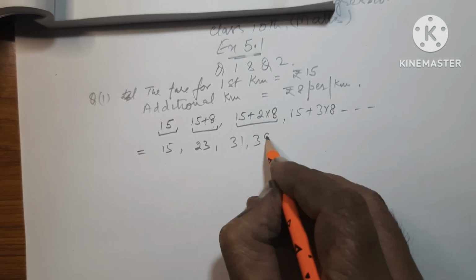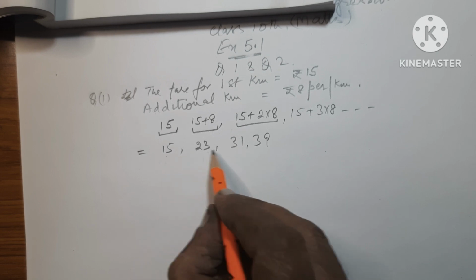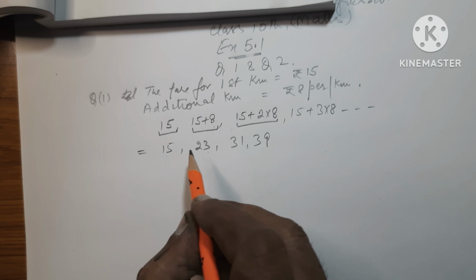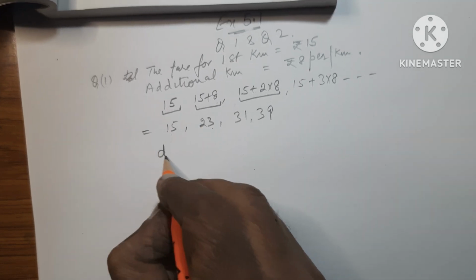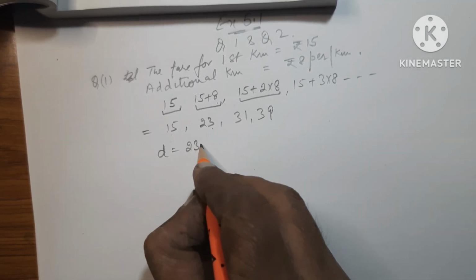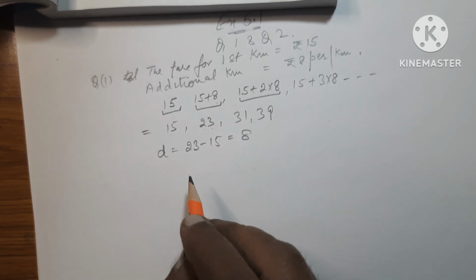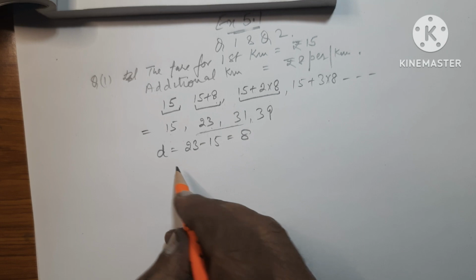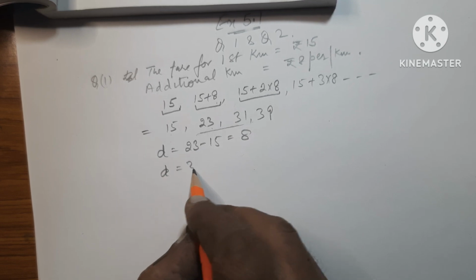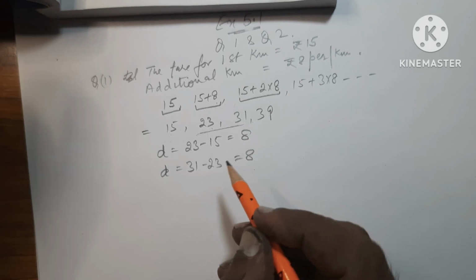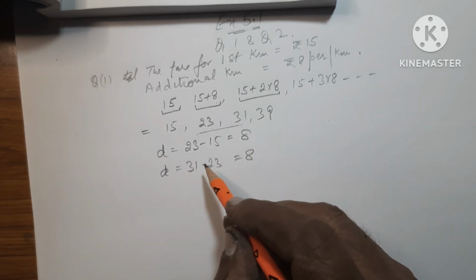39. So we see the difference between successive and previous terms is fixed. D is equal to 23 minus 15, which is equal to 8. We can calculate D from here: D is equal to 31 minus 23, which is equal to 8. Do you know how to calculate the D?